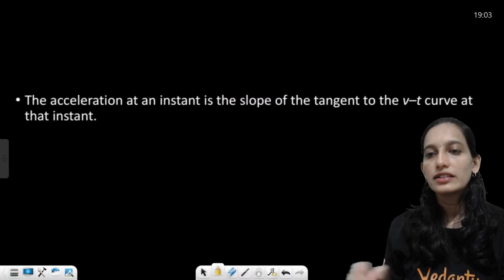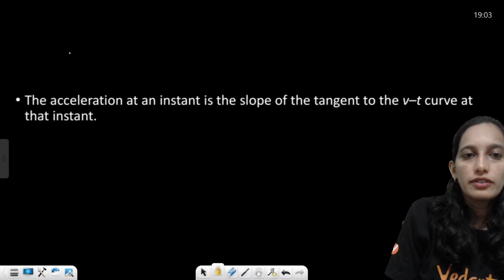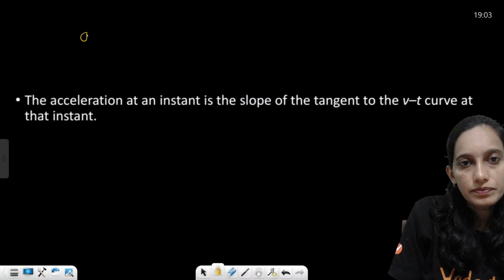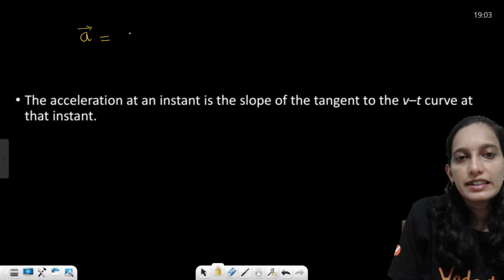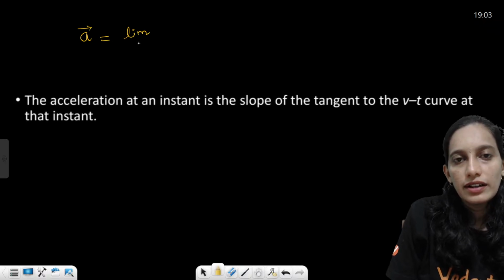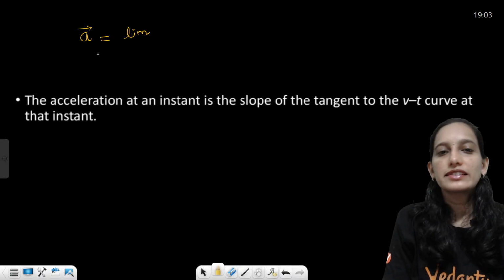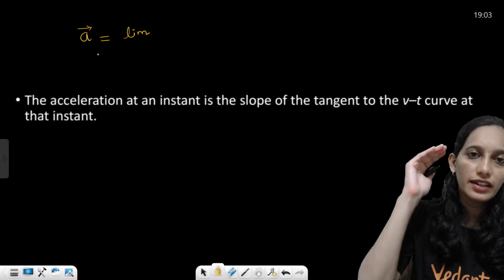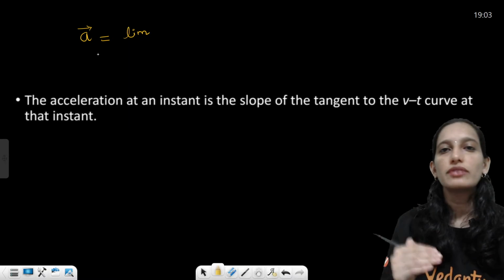we get the acceleration of the particle at that time. So if I write it in notation, the instantaneous acceleration, or in general acceleration, we will be talking about instantaneous acceleration.